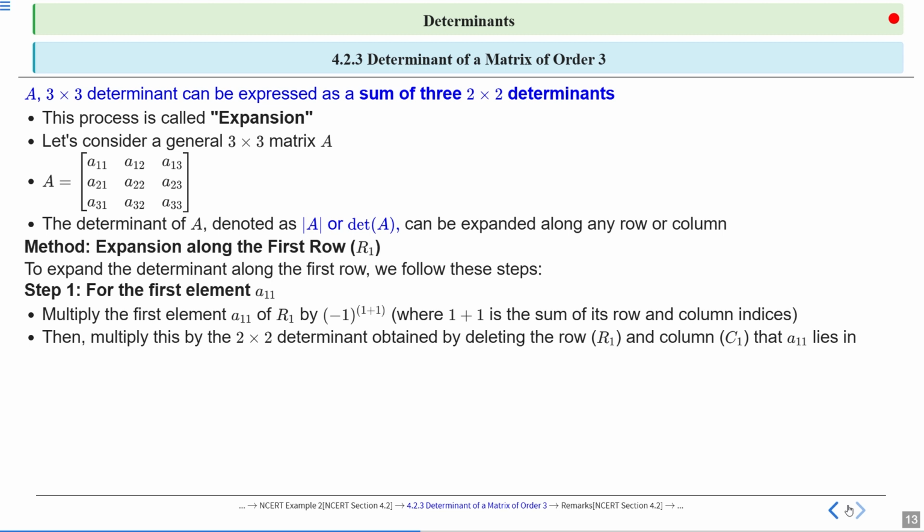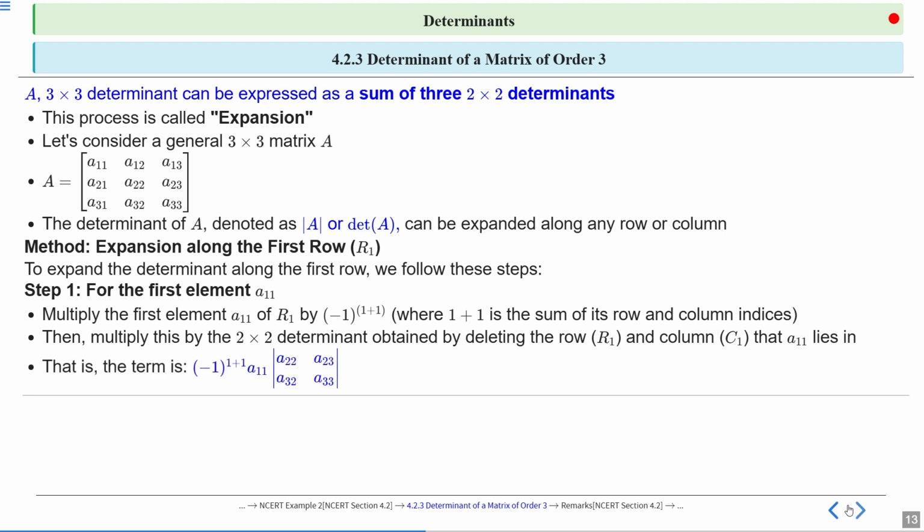Deleting these, we get the 2 cross 2 matrix A22, A23, A32 and A33.